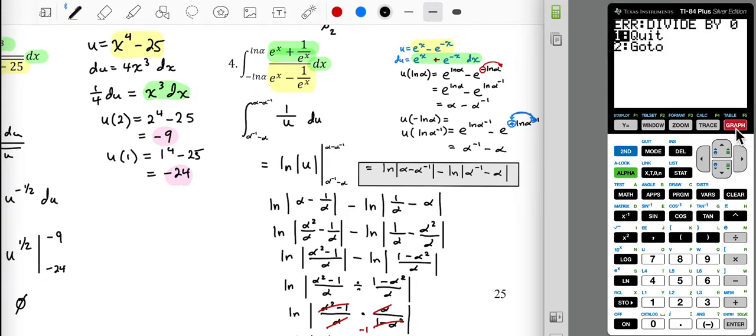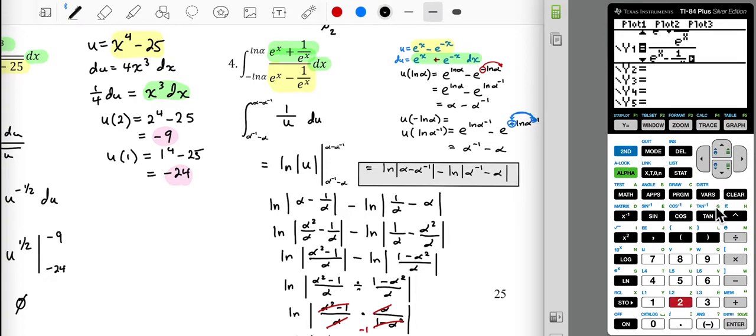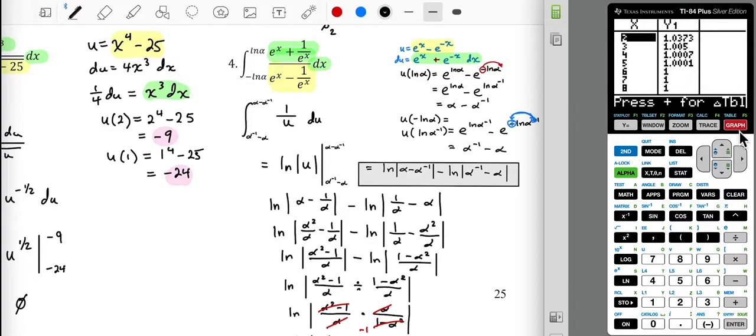Let me take a look at the graph. Yeah, and it looks like we have an asymptote at 0, so that's going to break it apart. I mean, we do have to learn about improper integration in order to be able to handle that.